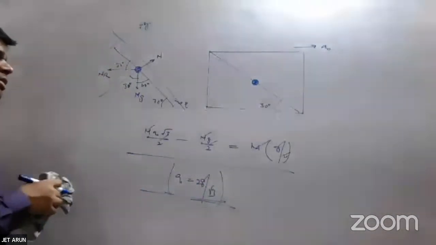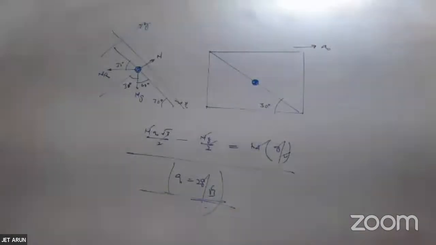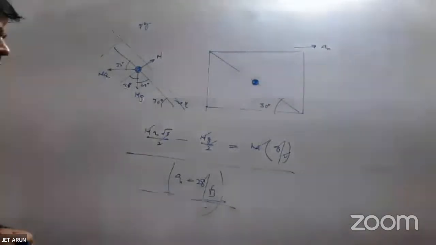Is it correct? Just check if it's correct or not. I could be wrong in this. Is a0 equal to 2g by root 3?